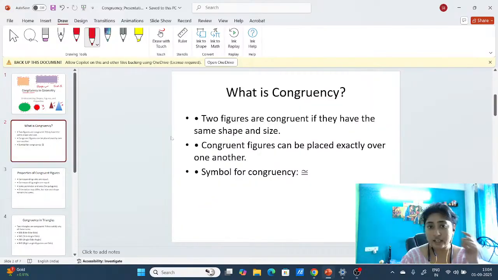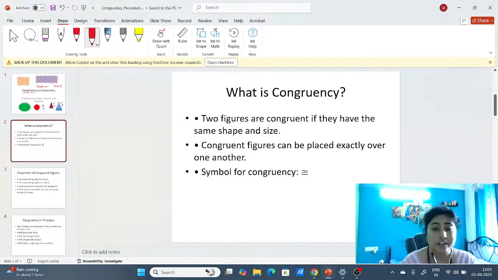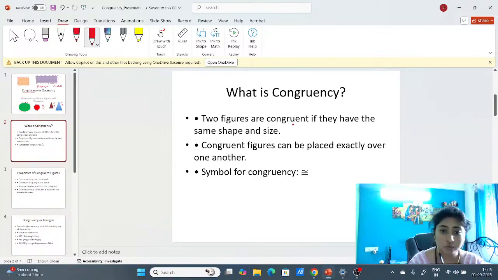So what is congruency? Two figures are congruent if they have the same shape and size. Congruent figures can be placed exactly over one another. It means if you have a triangle like this and you place another triangle on it, it should be completely covered.